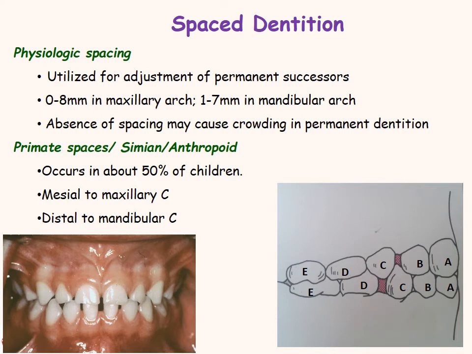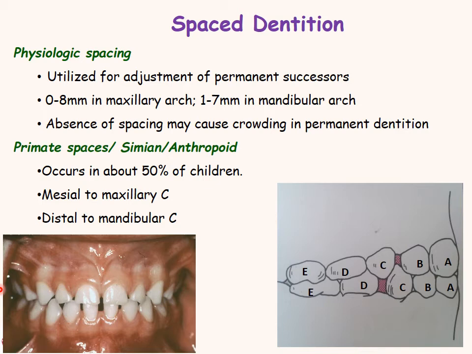As I have already told you, there are two types of dentition that we see: the spaced dentition and the non-spaced dentition. In this picture, as you can see, there are spaces between each tooth. These spaces are called either physiological spacing or primate spacing.